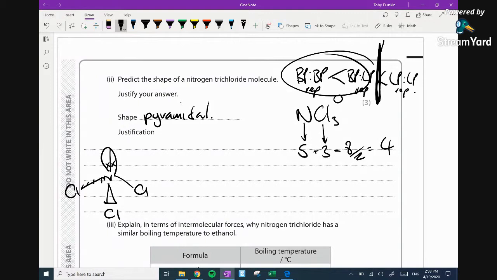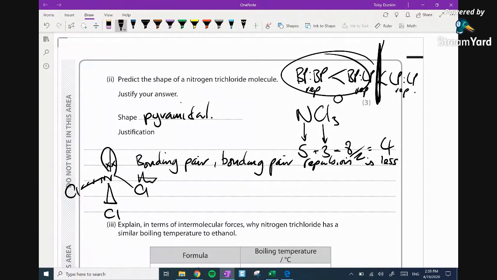So you would say justification: bonding pair repulsion is less than bonding pair lone pair repulsion. And yes, you've got to write it all out.